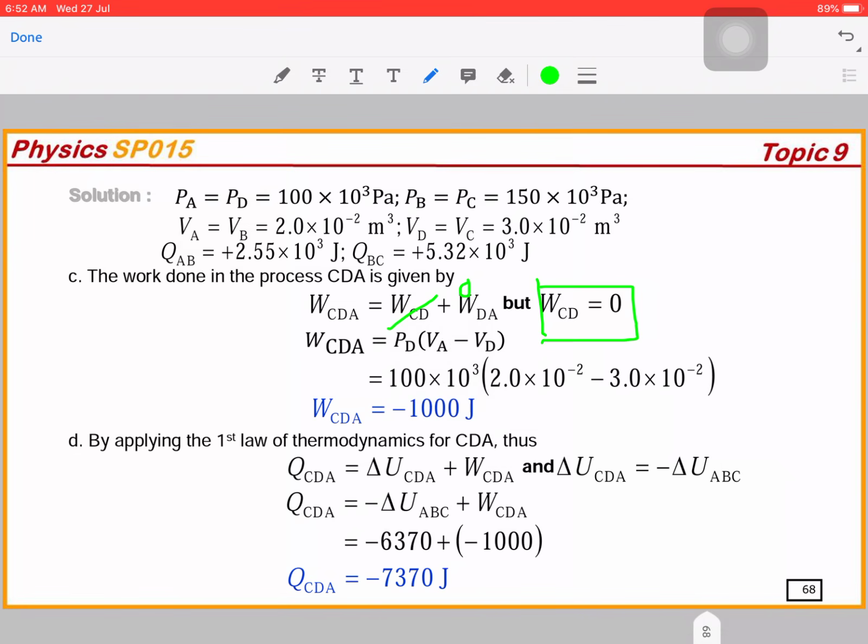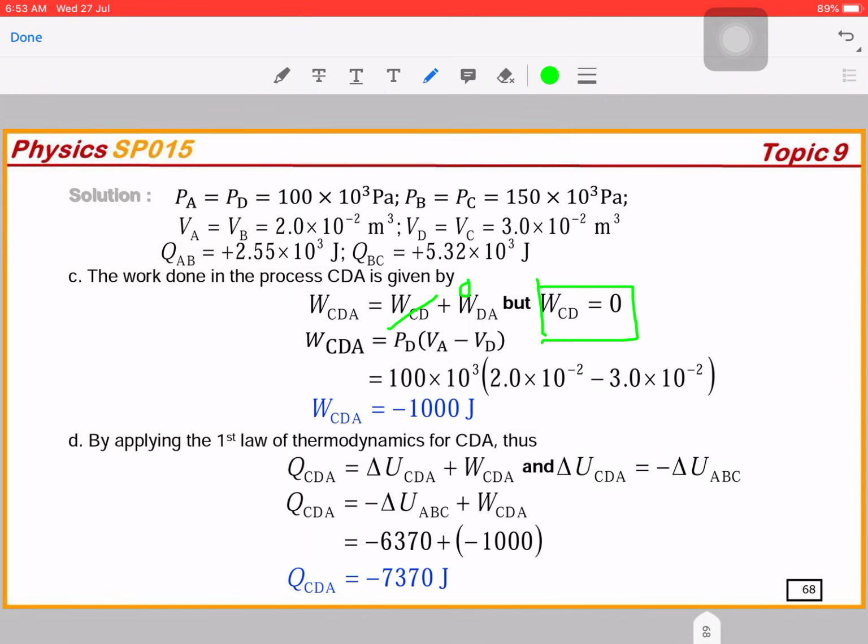And then by applying the first law of thermodynamics, we find QCDA. Just substitute. Delta U CDA plus WCDA, and delta U CDA is equal to negative delta U ABC. So you just substitute.